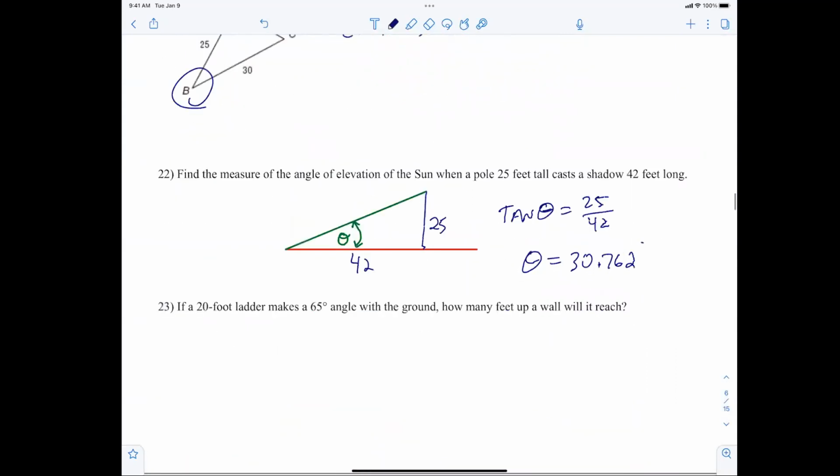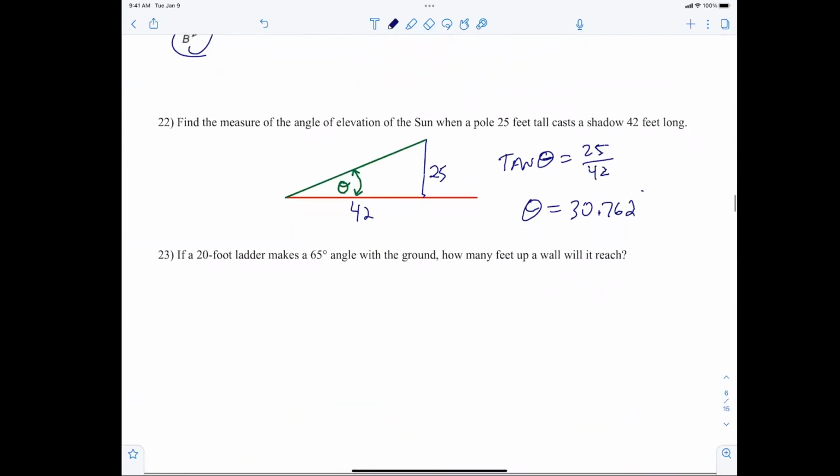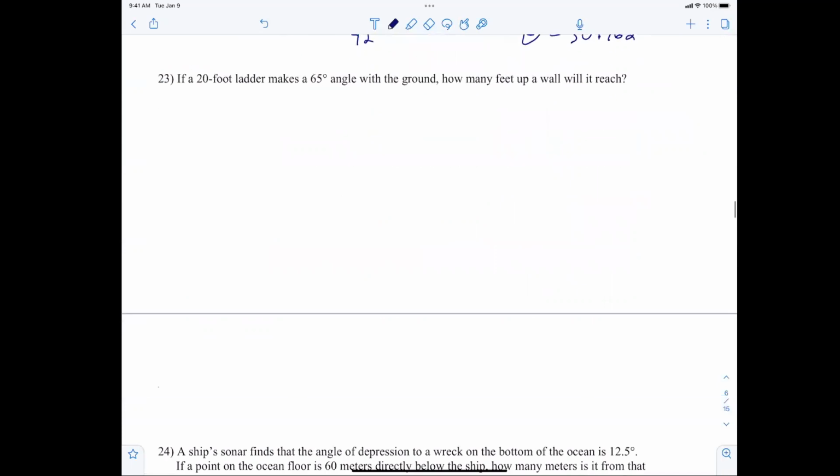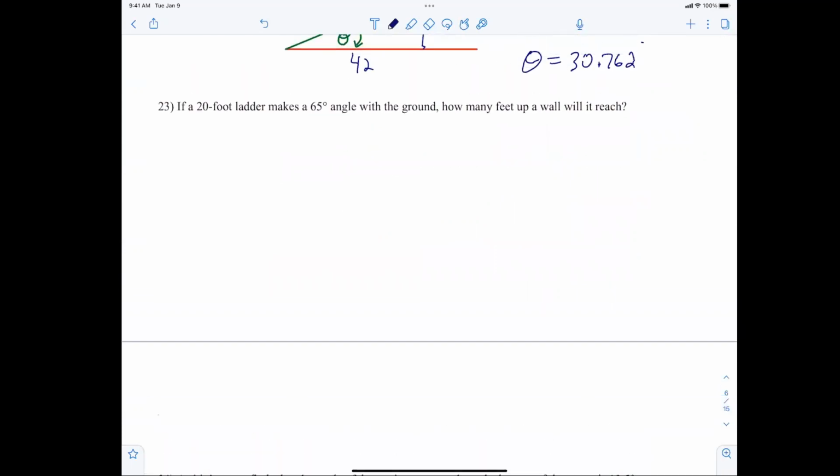All right, I'm pretty happy with that. A 20-foot ladder makes a 65-degree angle. So here's my ladder. This is 65 degrees. My ladder is 20 feet. How many feet up the wall?